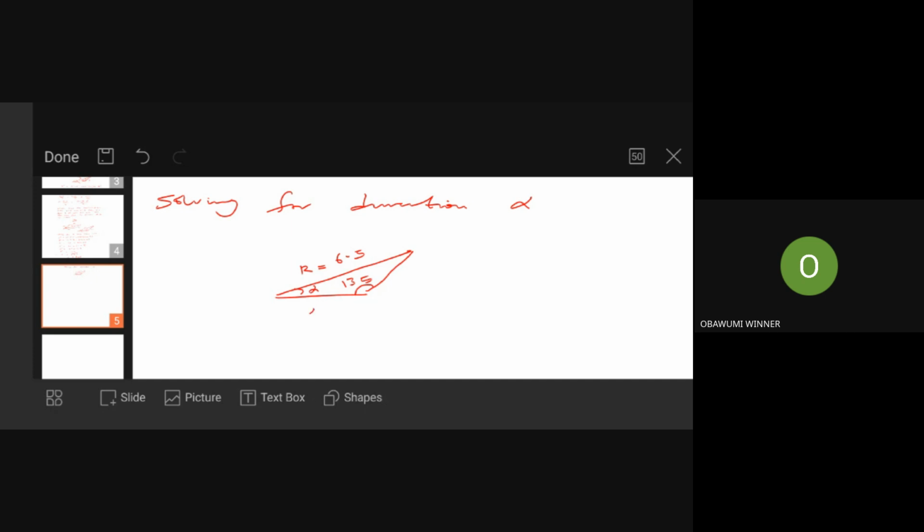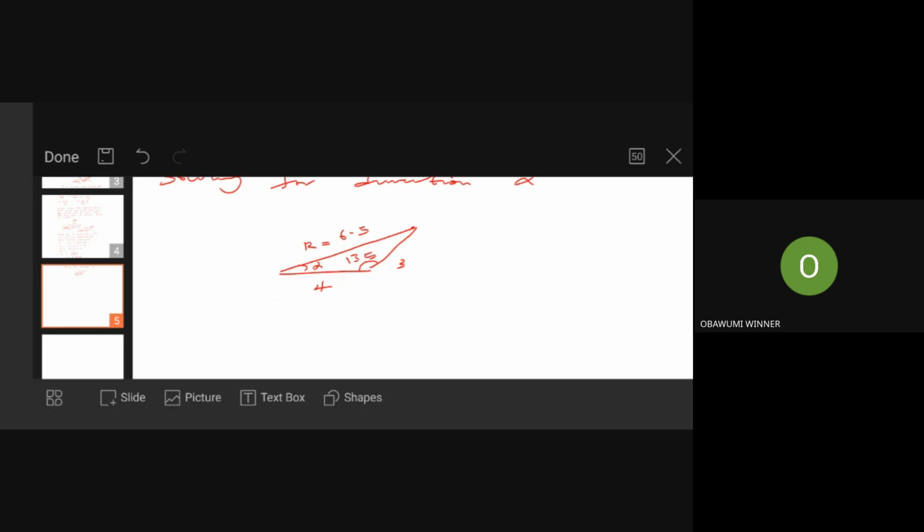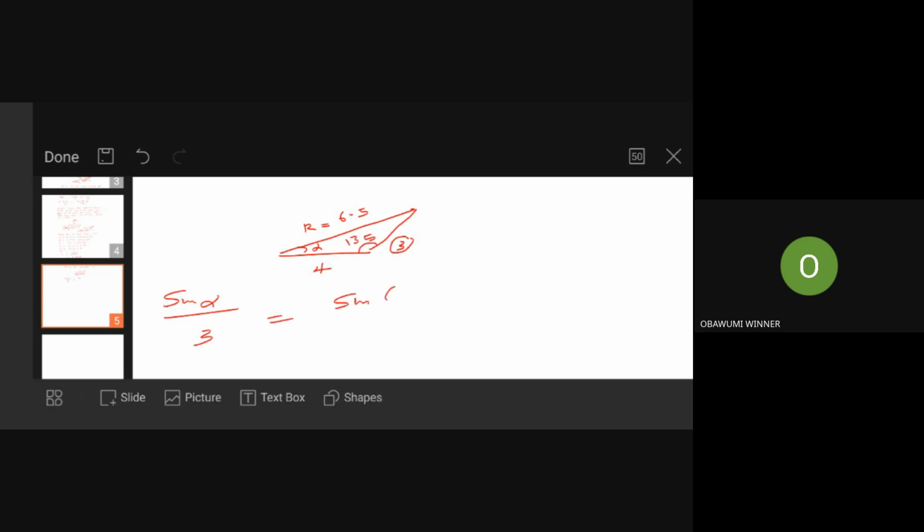But I already know this side here is 4 Newton, 4 units, and this other side is 3 units. You see that? So in solving for the direction, which is alpha, I already have an unknown angle facing a known side, which is 3. And I have a known side with a known angle. So sine alpha all over the side facing alpha, which is 3, is equal to sine 135 all over the side facing 135, which is 6.5.